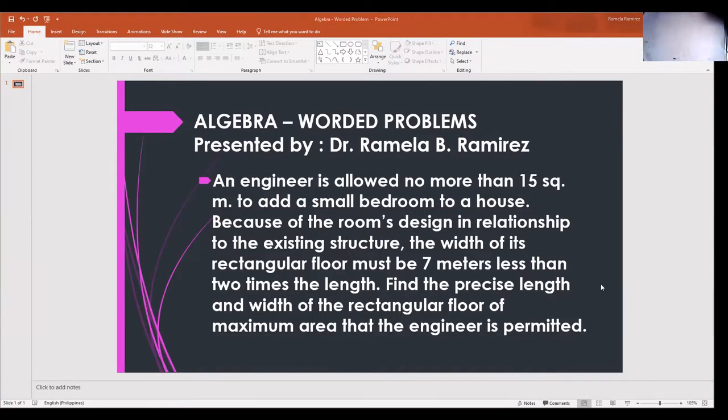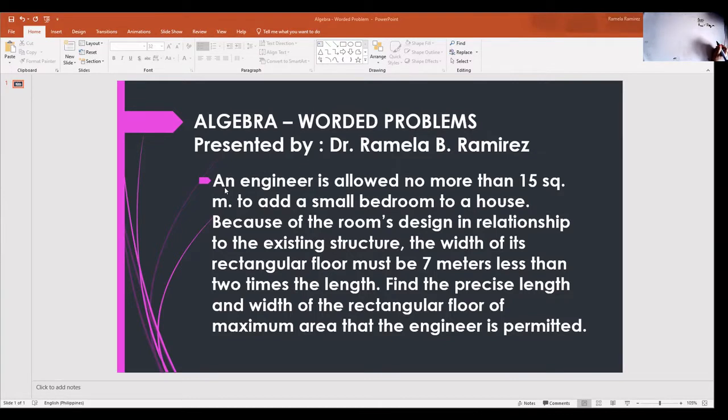Let us explain this one by one. The engineer is allowed no more than 15 square meters, meaning we are given a maximum area of 15 square meters. That is the limitation given in the problem.